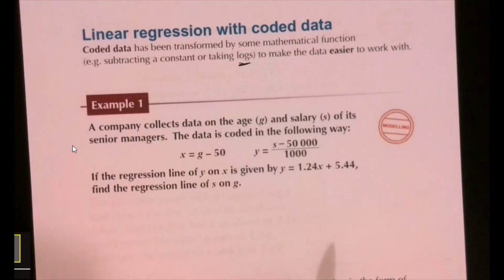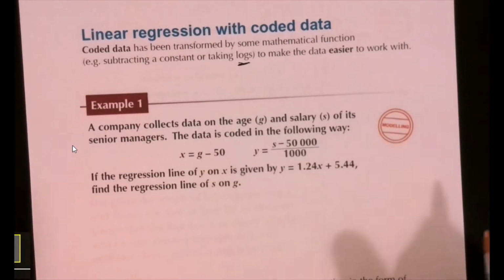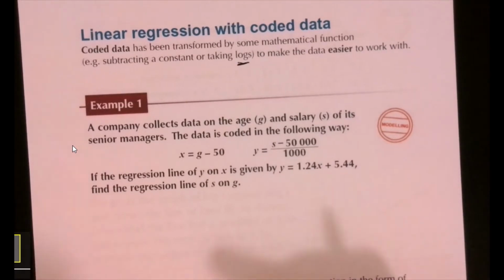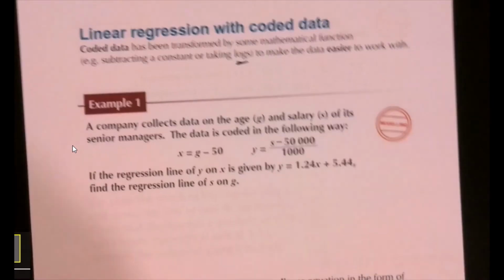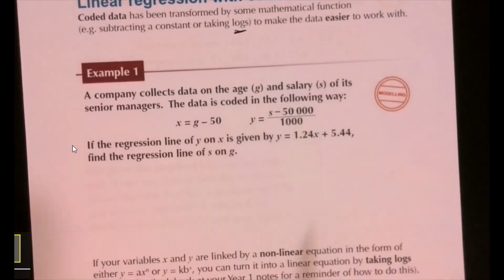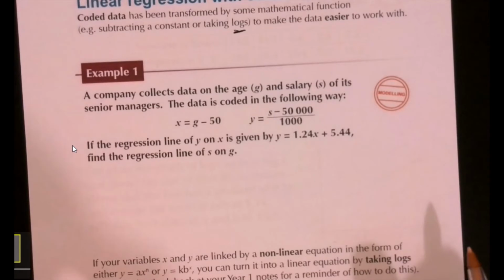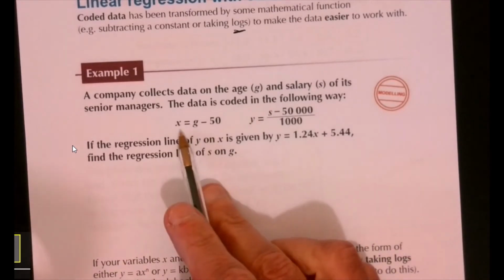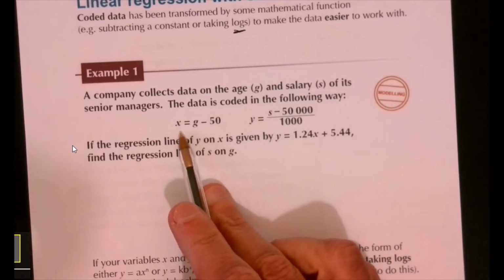Now, the primary idea about why you code data is that sometimes it just makes it easier to work with. You will be told how to code something, but just look at this first example really quickly, and then I'll get onto the logs bit. It looks really scary.